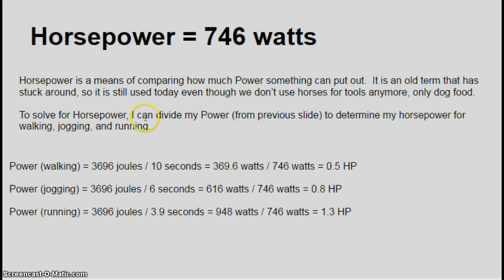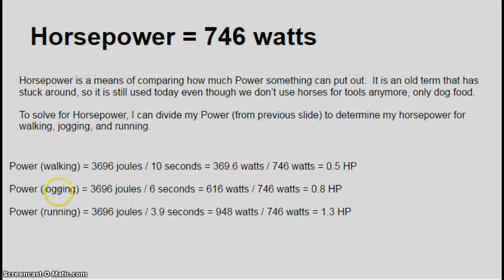So to solve for horsepower, I can divide my power, from the previous slide, to determine my horsepower for walking, jogging, and running. My work done divided by time gives me my amount of power, and in order to solve for horsepower, I take my value of power divided by 746 watts. And notice walking, I exerted 0.5 horsepower.